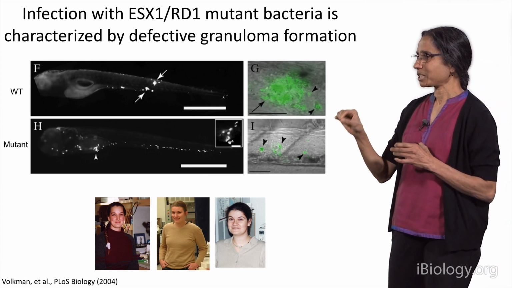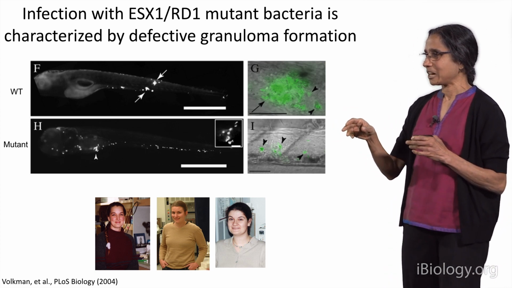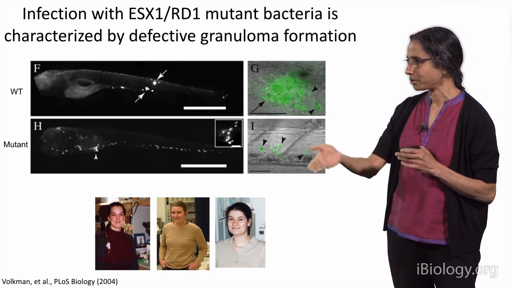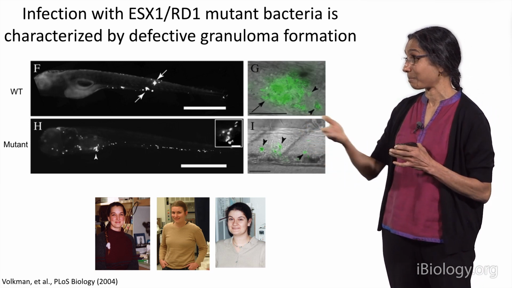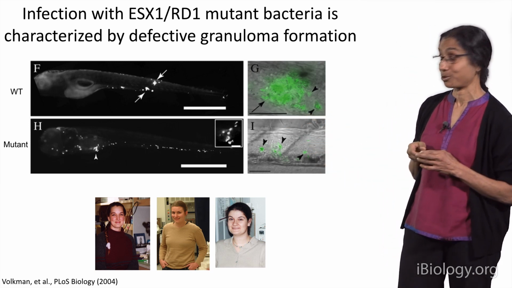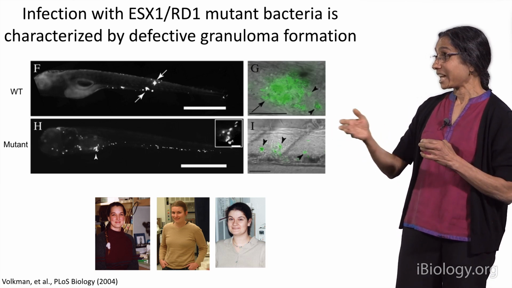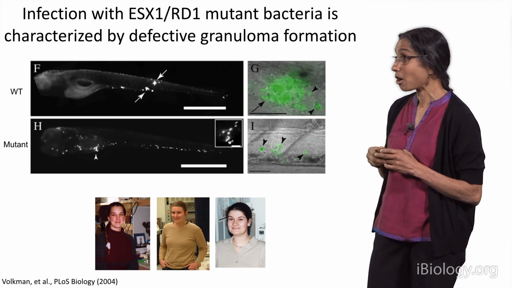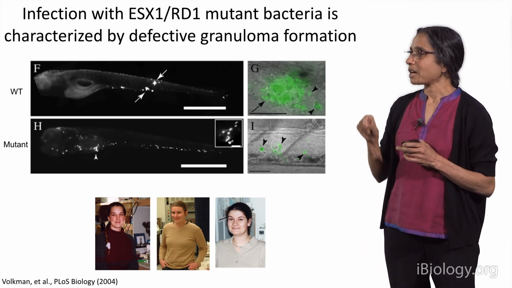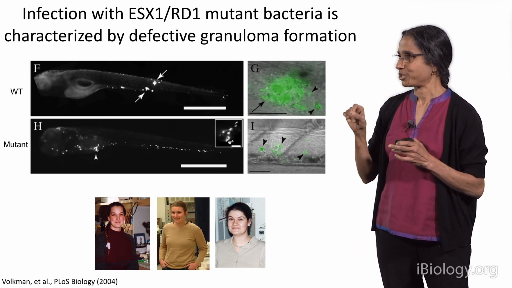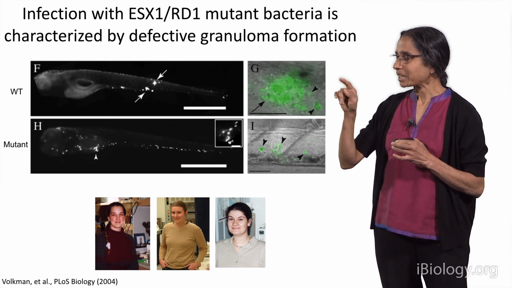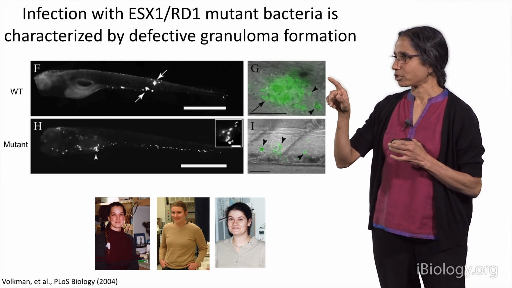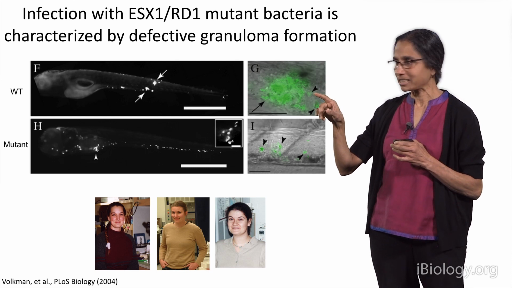And by this point, Hannah had recruited some of her colleagues, Dana Beery on the left, who was a technician in the lab, and Hilary Clay, a graduate student who was Hannah's very good friend. And she got them to join in this quest to see what was going on. And what they found was something quite interesting, because if you look at the fish on top, they are infected with wild-type bacterium.